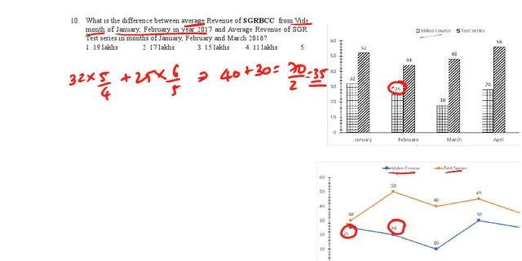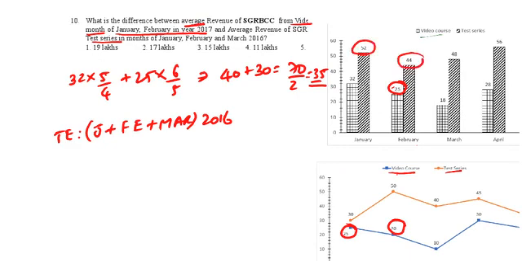Now test series in the month of January plus February plus March 2016. Test series in January 52, 44, 48. 52 plus 44 plus 48, 144 by 3, that is 48.